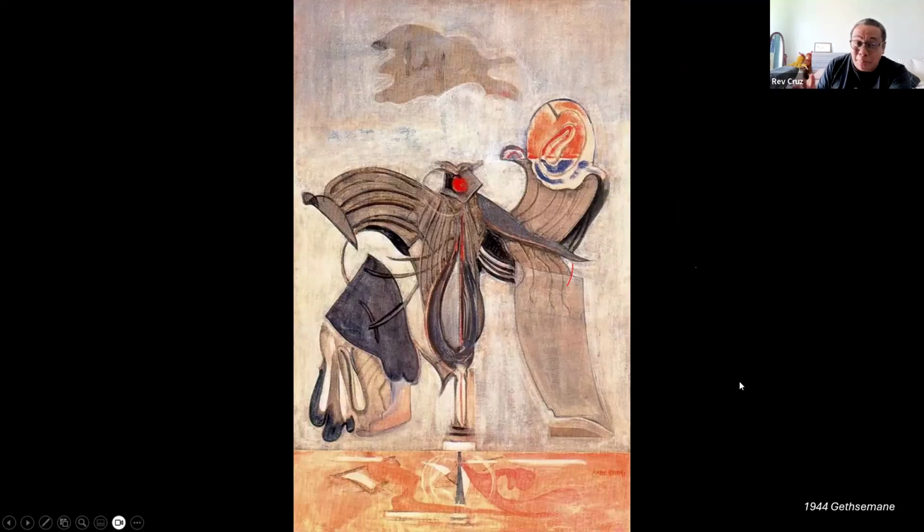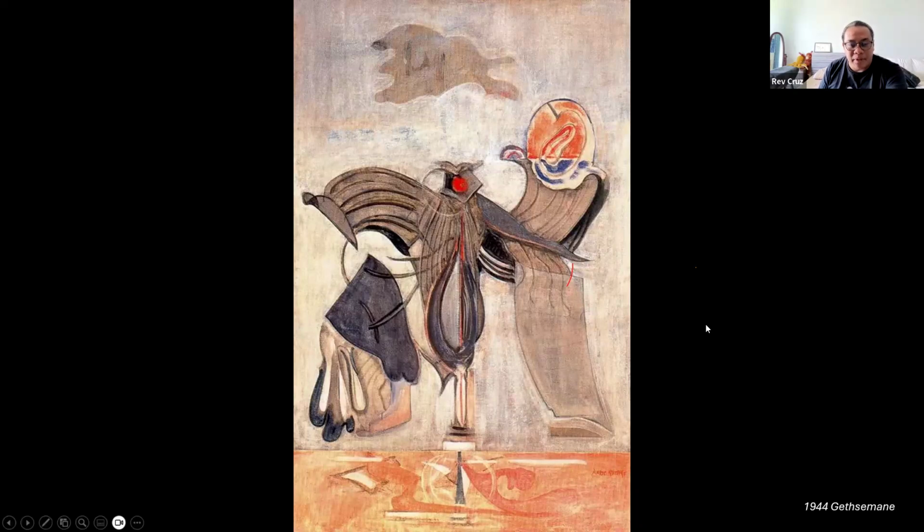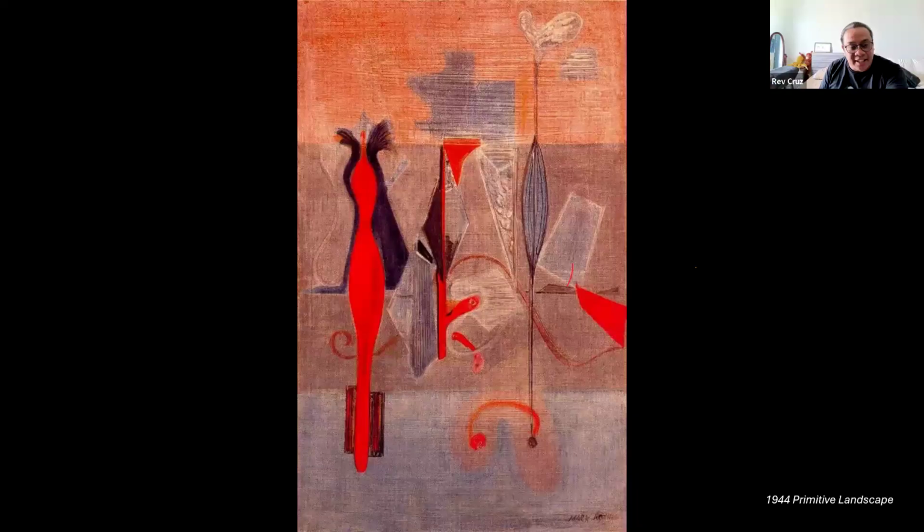This is supposed to be Jesus crying in the garden of Gethsemane, that scene from the Bible. Of course, this is a surrealist style, and Rothko was already shifting into his signature style later on.